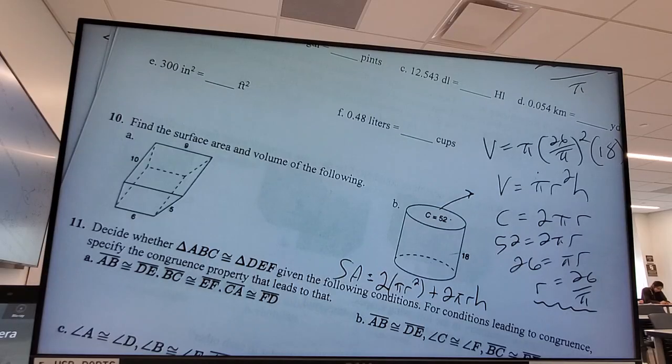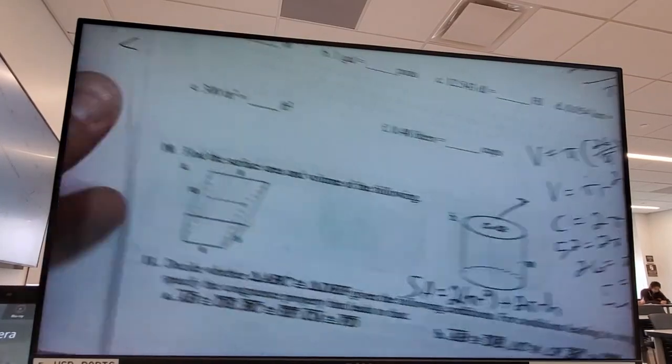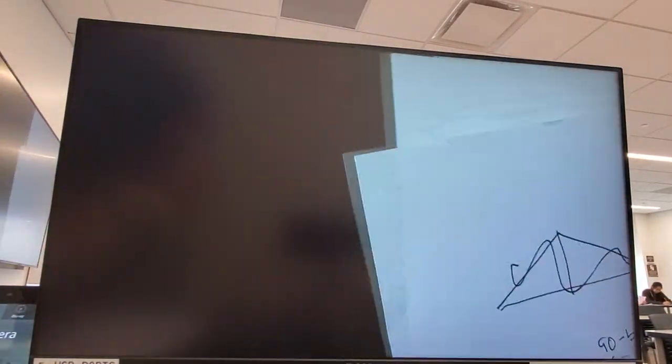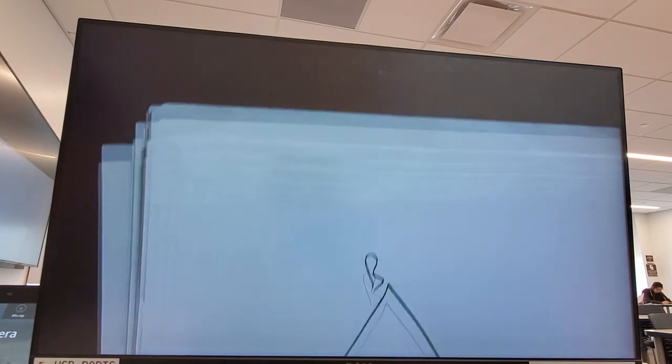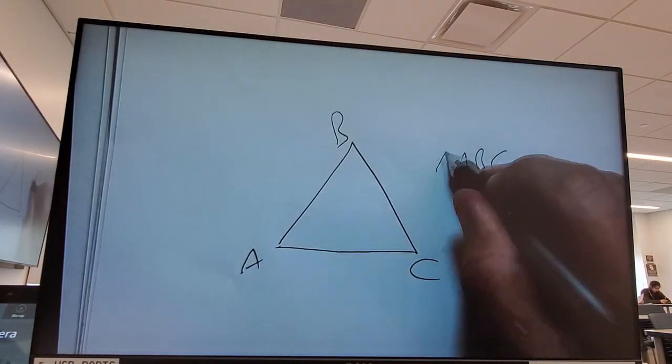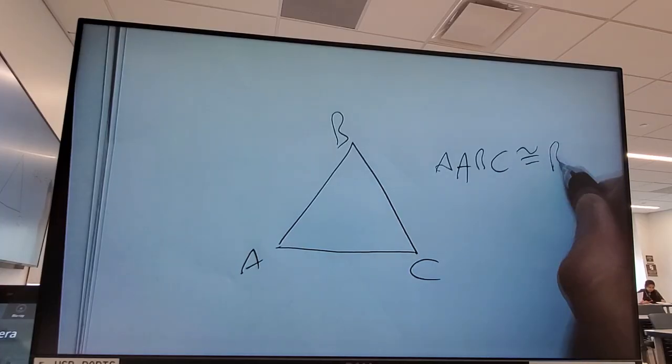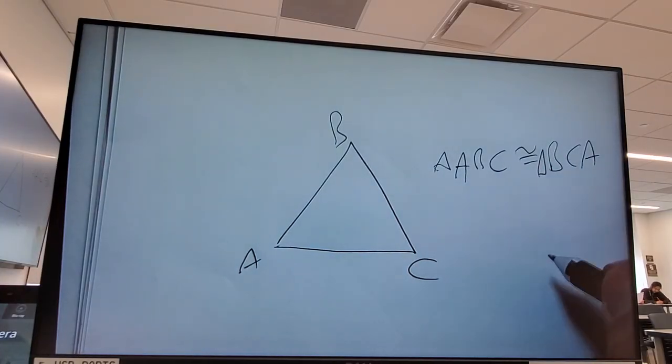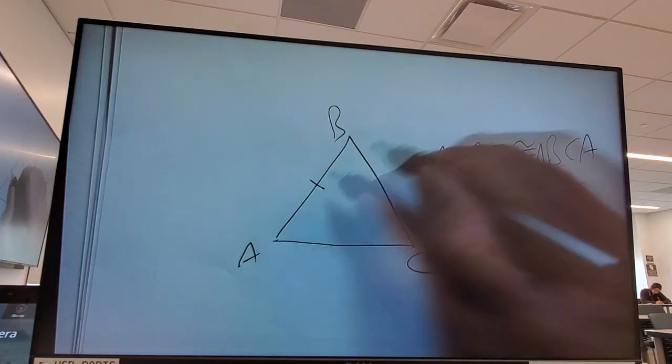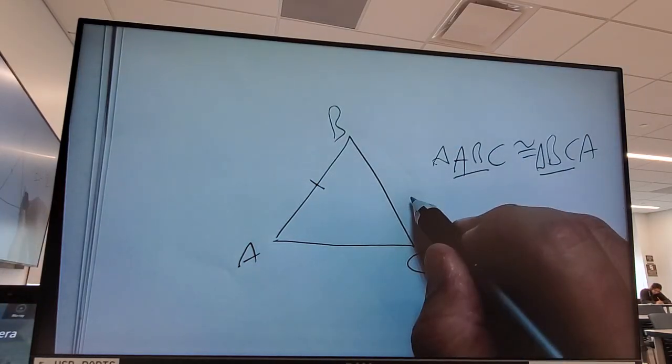Can you do number 7 on the test 3? So if we have triangle ABC, and we know that ABC is congruent to BCA, which means AB is congruent to BC, yes?